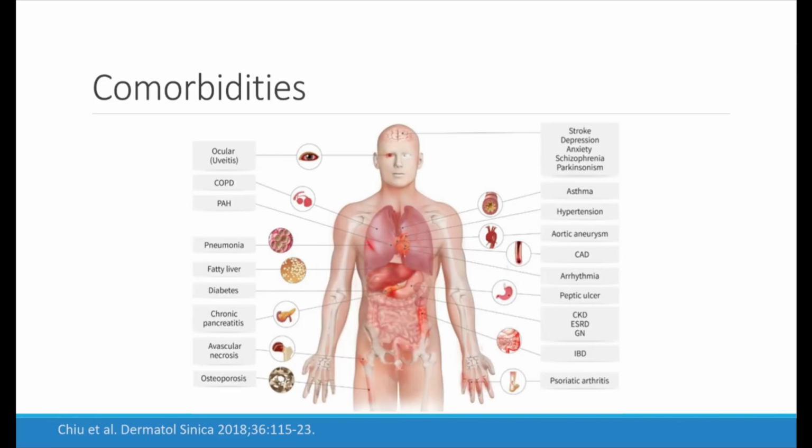A lot of neurological or mental health disorders such as stroke, depression, anxiety, schizophrenia, Parkinsonism, asthma, hypertension, aortic aneurysm, coronary artery disease, arrhythmias, peptic ulcers, chronic kidney disease, which can become end-stage, inflammatory bowel disease, and psoriatic arthritis, which we have mentioned earlier. But of note, the most important thing to remember is that psoriasis is linked with metabolic syndrome or metabolic comorbidities.